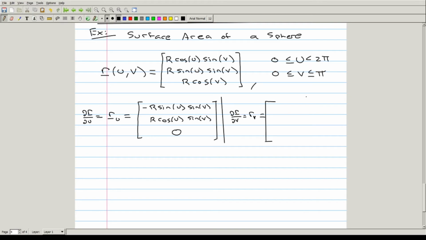Which is going to be r cosine u cosine v. It's going to be r sine of u cosine of v. And it'll be negative r sine of v.